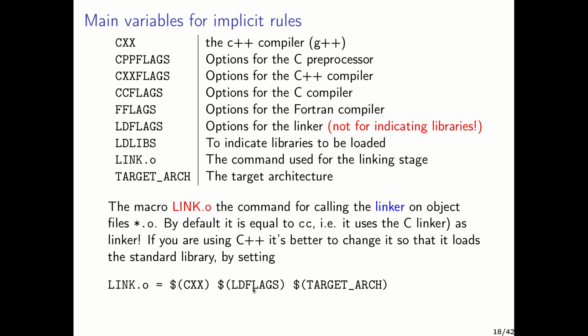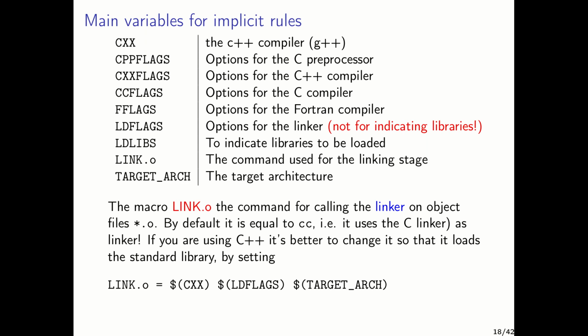in the rule hardwired in Make, there is also TARGET_ARCH, even if often it is empty. Well, why is it empty? It is empty because normally you compile on the same machine where you run the program, or at least on a machine of the same architecture where you run the program. But remember, the GNU compiler is a cross compiler.